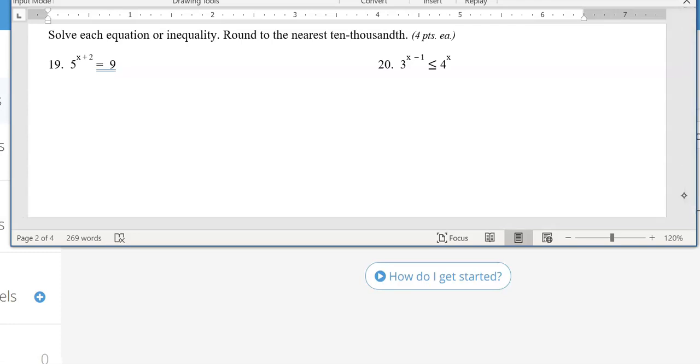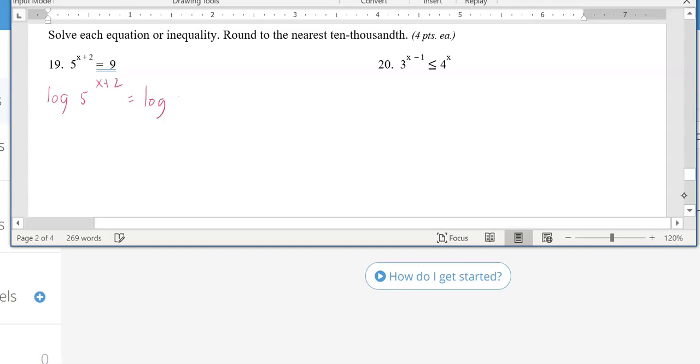All right, so the first step here is to do log on both sides. Now I can use another property of logs called the power property, and it says you can bring this exponent down and turn it into a factor. And I can undo multiplication with division.